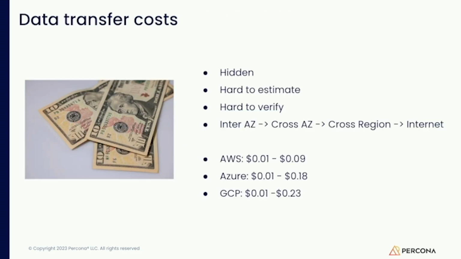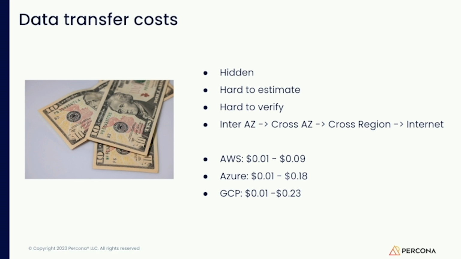And we can go on with examples where things get expensive in the cloud, and especially in cloud database as a service, because of data transfer costs, right? Many people complain about data transfer costs that come out of nowhere, because this is not something you can really estimate easily for your cluster. They are kind of hidden and hard to verify.